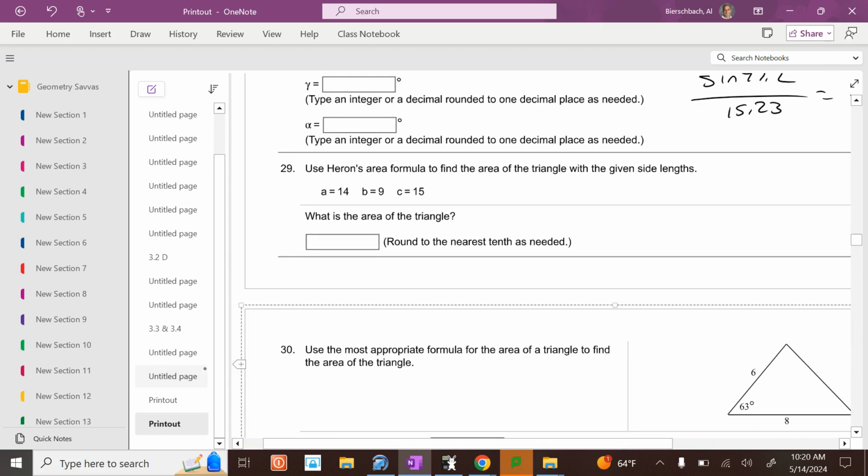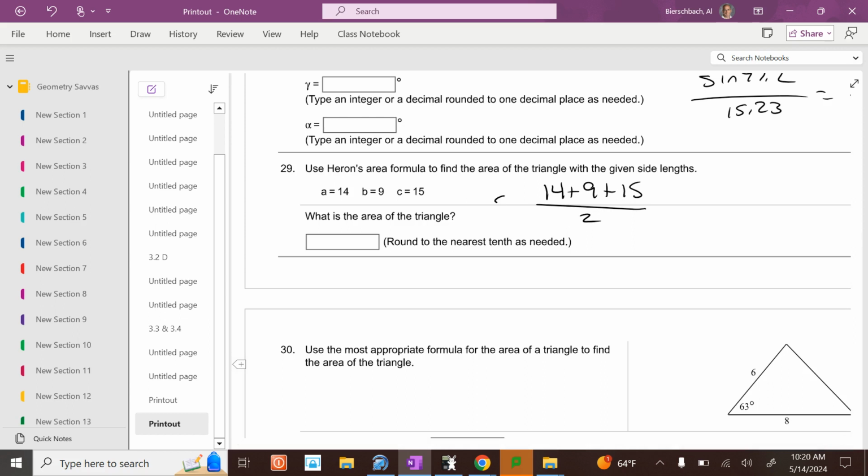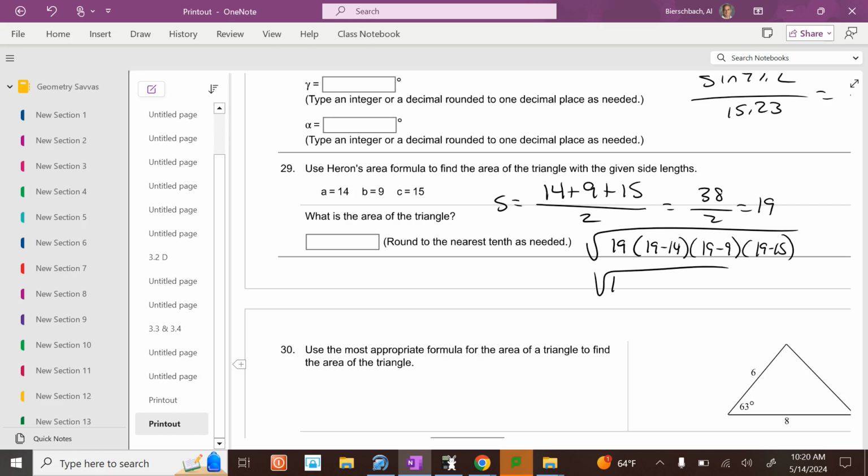Okay, Heron's formula. Heron's formula is A plus B plus C all divided by 2 to get S. 9 plus 15 is 24 plus 14 is 38. Divide by 2, which is 19. So you take the square root of 19 times 19 minus 14 times 19 minus 9 times 19 minus 15, or the square root of 19 times 5 times 10 times 4.